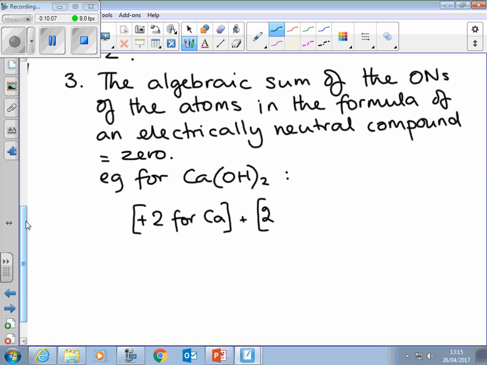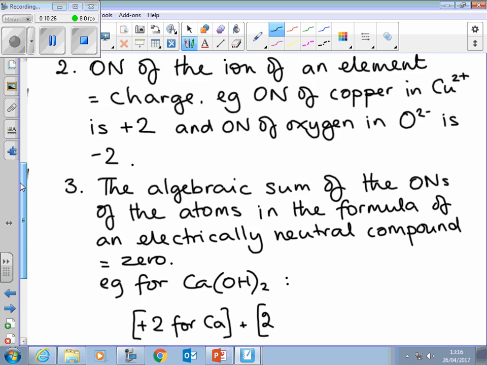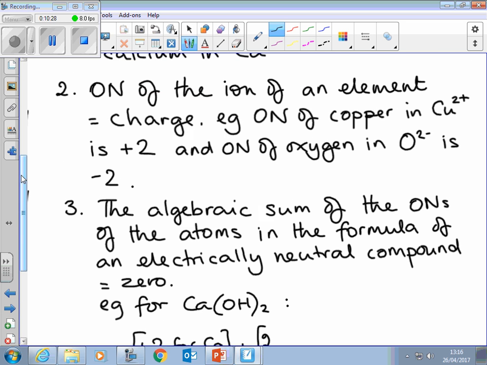Now the +2 for calcium, don't be confused by that. Out of that first one where I put the oxidation number of calcium is 0, that's in pure calcium. This is not pure calcium. This is calcium hydroxide. We're looking at a calcium ion, and the oxidation number of an ion is equal to its charge.